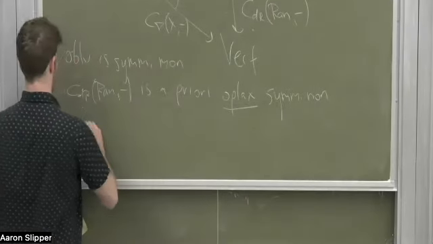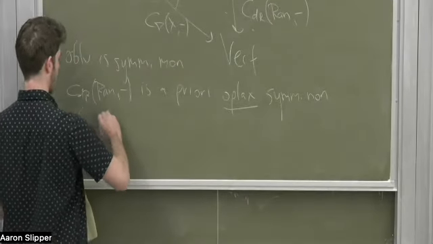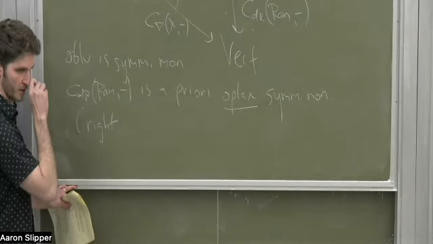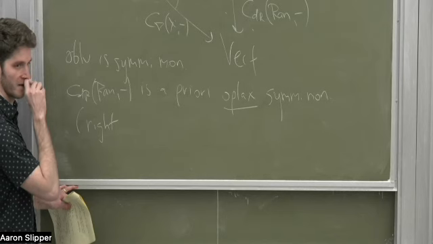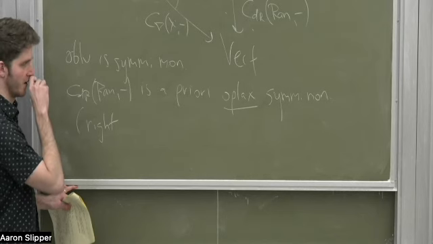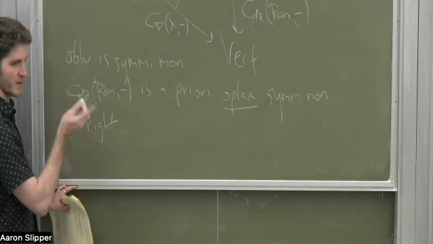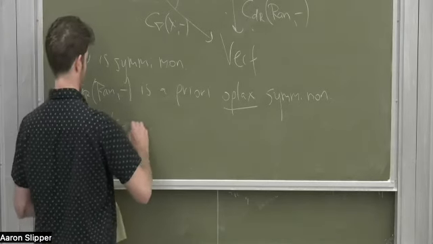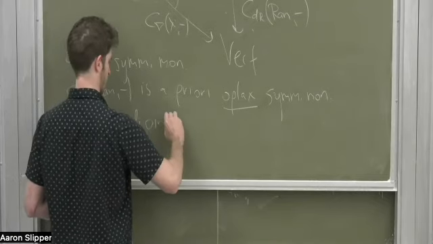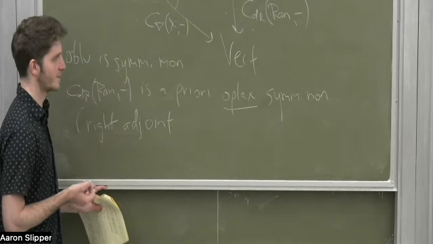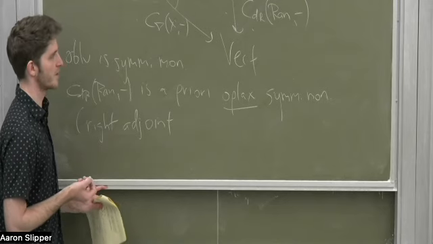Namely, homology, right? De Rham homology, although it doesn't matter, it's the same as homology. But homology is always left lax. Homology is left adjoint to something symmetric monoidal.